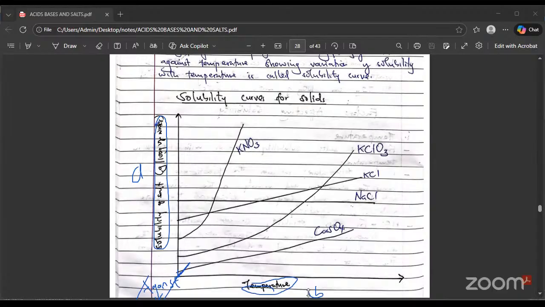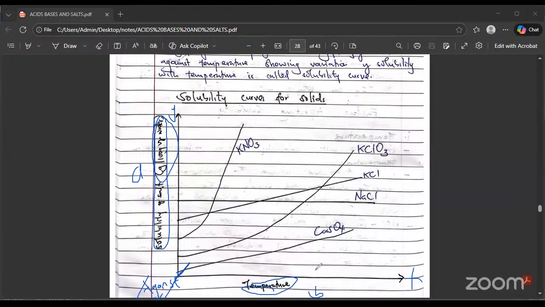Something else you're supposed to know in graphs: please name the axes. So we have the Y axis and the X axis. So you name it, that means the solubility of a salt in grams per 100 grams, those are the units of solubility. So that one is okay.